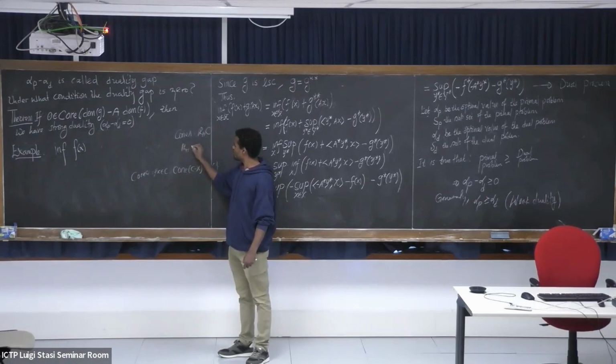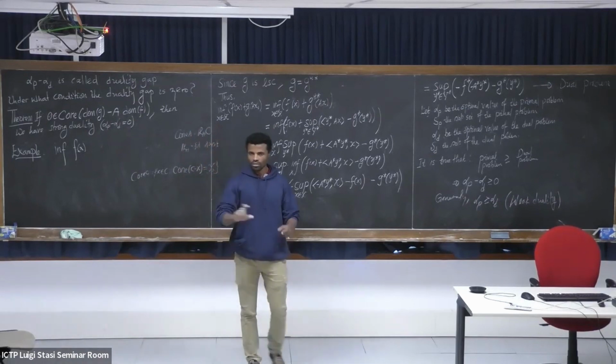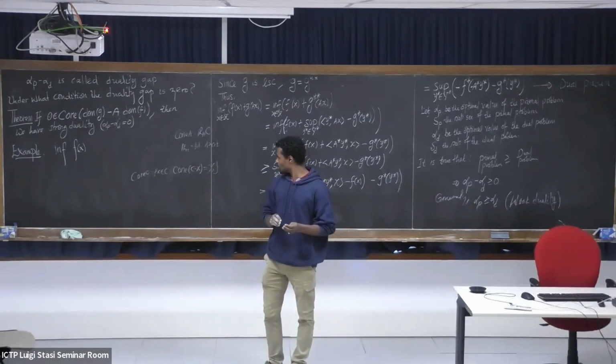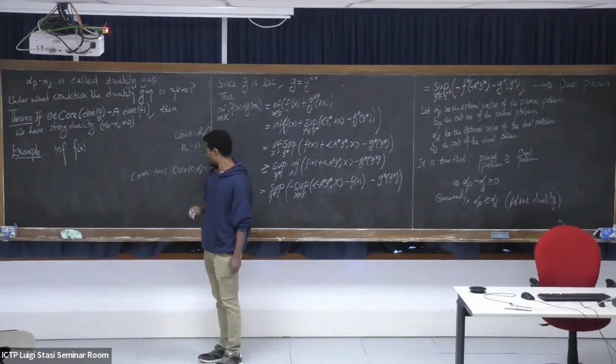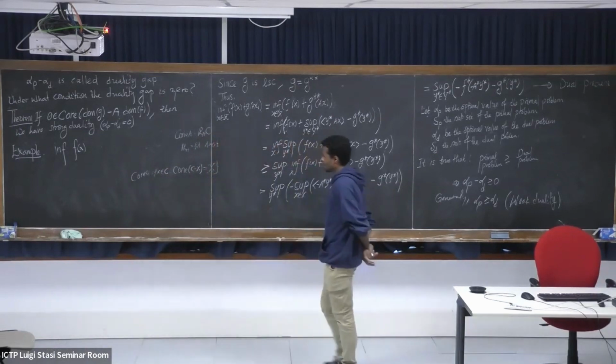The cone of a set C is the set of lambda times x, where lambda is greater than 0. So the core of C is the set of points in C such that the cone of C minus X is the whole space.